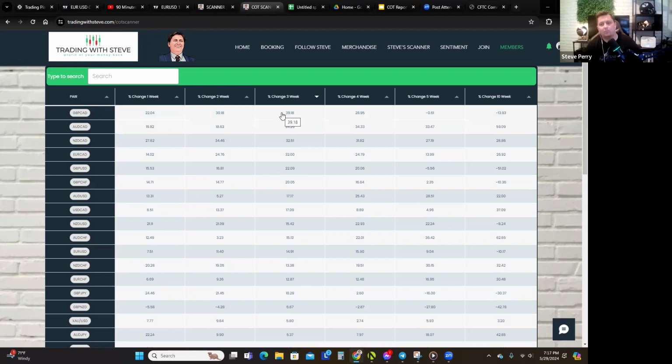So the 3 week is important to me because the banks build out positions over several weeks. They don't just build a position in 1 week and call it good. Sometimes they do, but usually these banks are so big that in order to fill a position to the volume they require to make money, it takes them 2, 3, or 4 weeks to get the position necessary to send the market in the direction they want to go.